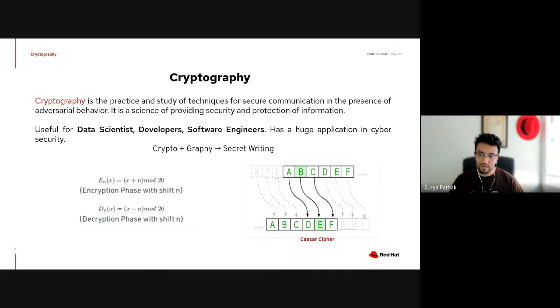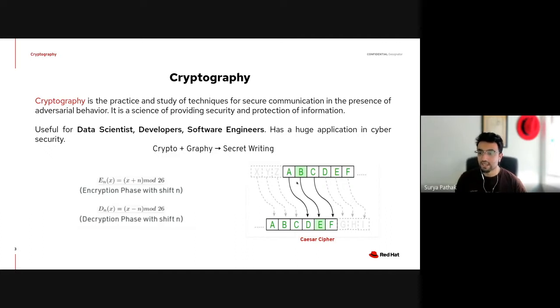So let's move down the history lane to understand one of the earliest known cryptographic techniques, developed by Caesar. This is called Caesar's cipher, used by Julius Caesar around 100 BC, where he shifted each letter by a certain shift n, and I think he used a shift of 3.